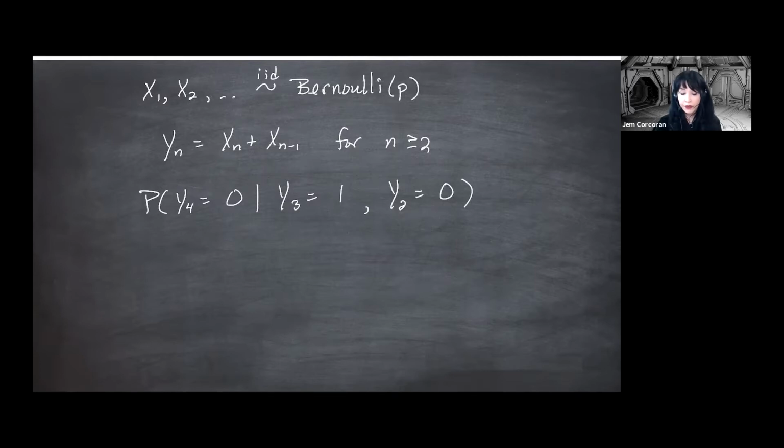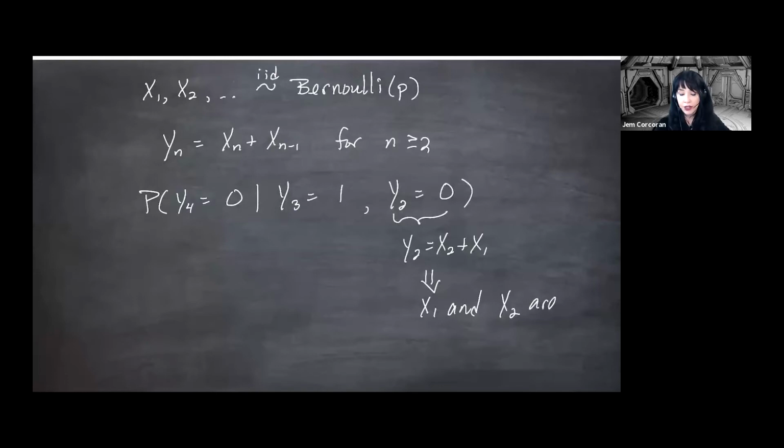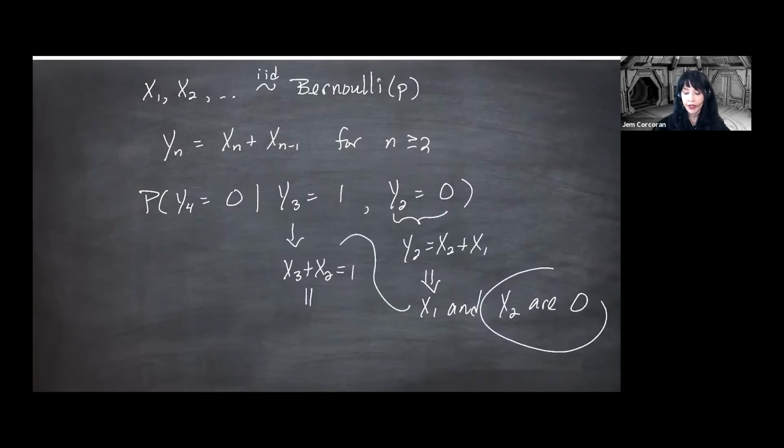So check this out. Because Y2 is 0, and Y2 is X2 plus X1, and the X's are 0s and 1s, there's no negatives. So this tells me that X1 and X2 are 0. And I can take that over here, because Y3 is X3 plus X2, which is 1. And because I know that X2 is 0, then X3 must be 1.